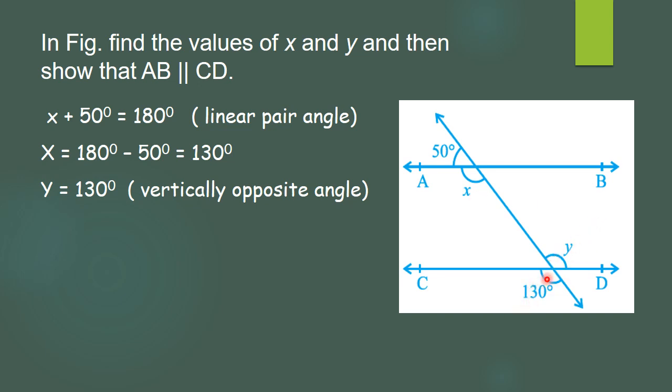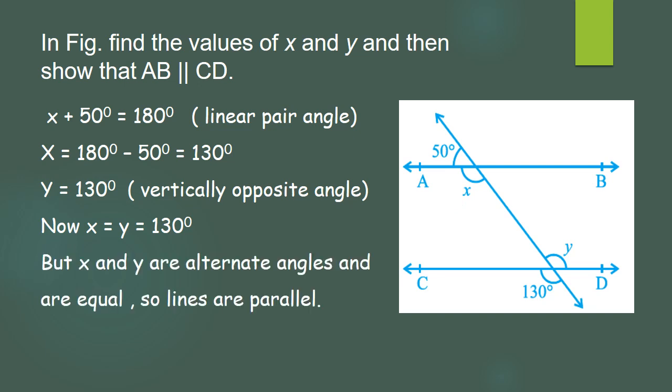So here we have not used parallel lines now, but x and y both have the same measure, 130. But x and y are the alternate angles and they are equal, and so we can say that the lines are parallel and therefore we get AB is parallel to CD.